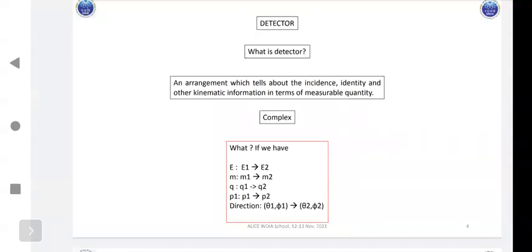Okay. So particles not only have different energy, they may be of different identity. They may have different masses. They may have different charge states. And not only that, these particles not necessarily will come from a particular direction. They can come from various directions. Right.